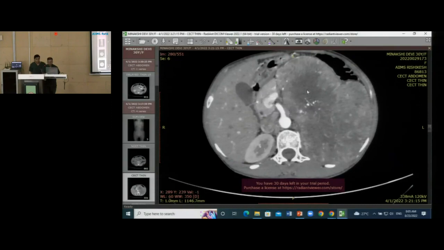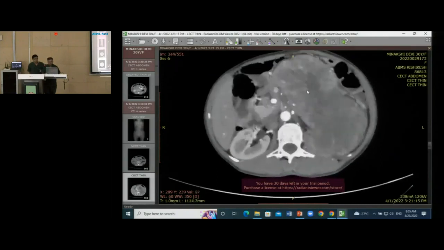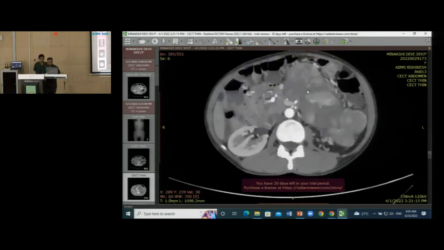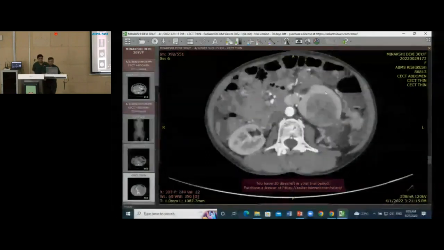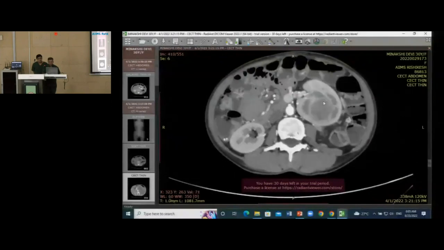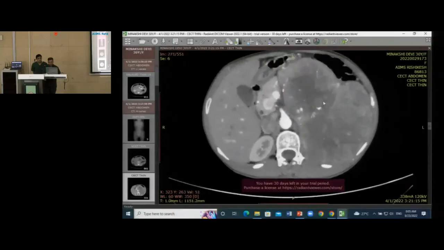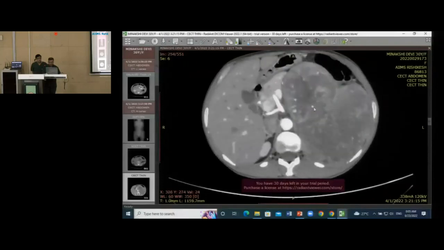These are the non-enhancing areas. This lesion has completely replaced the left adrenal gland, and it is displacing the left kidney inferiorly and medially, whereas this is the right adrenal gland, which is seen normally.